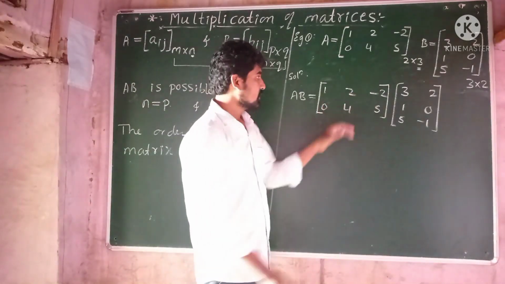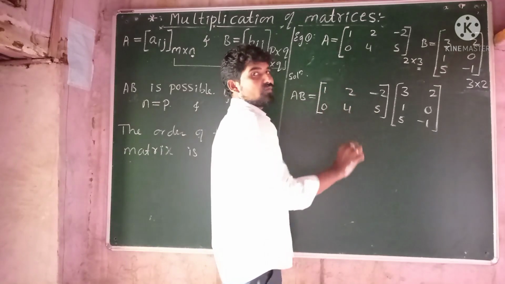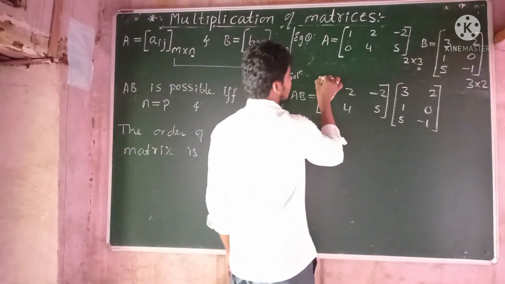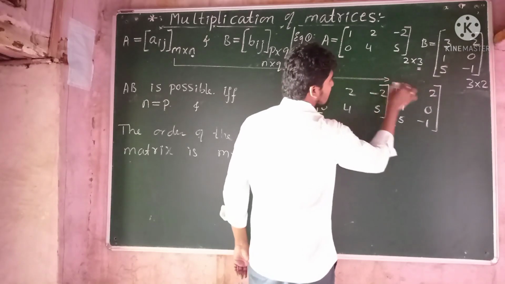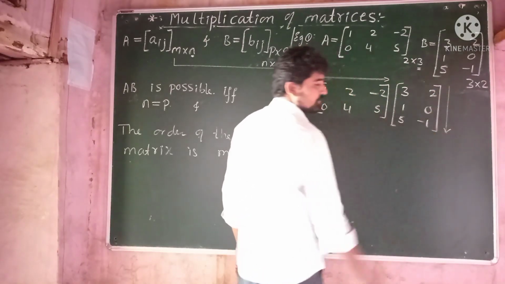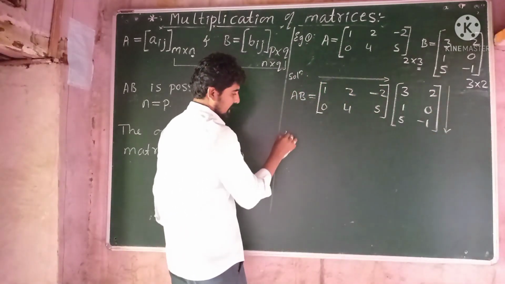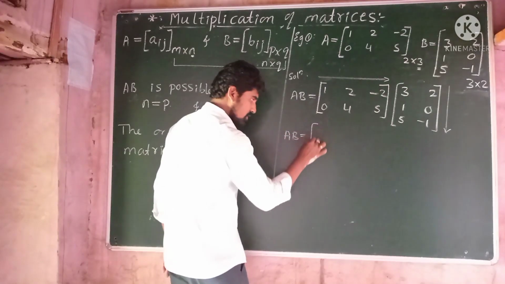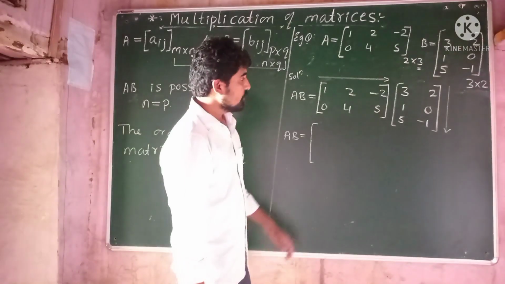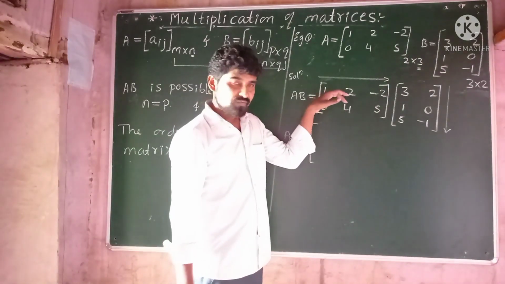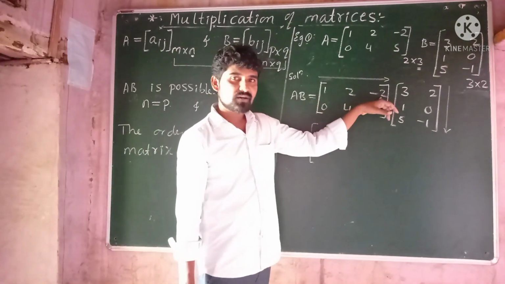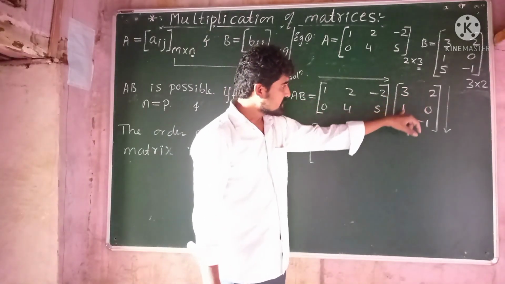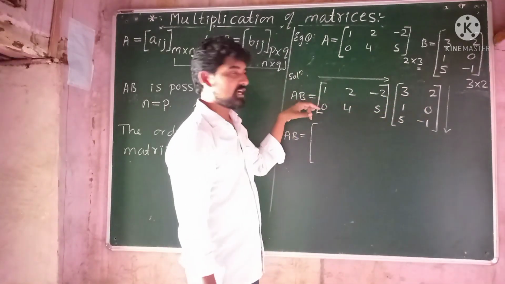So matrix AB is equal to, we need to multiply the first row elements of the first matrix with the elements of the first column in the second matrix.